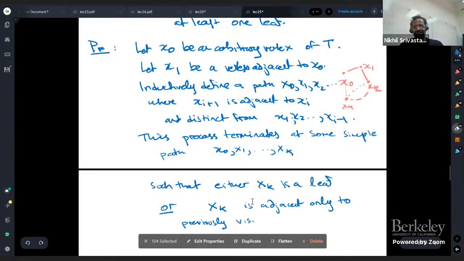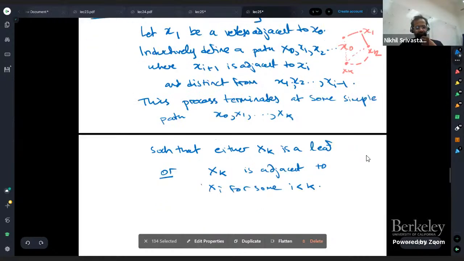So in particular, xk is adjacent to some xi for some i less than k. I mean, if it's not a leaf and it's not adjacent to any of the previous ones, you could keep going.